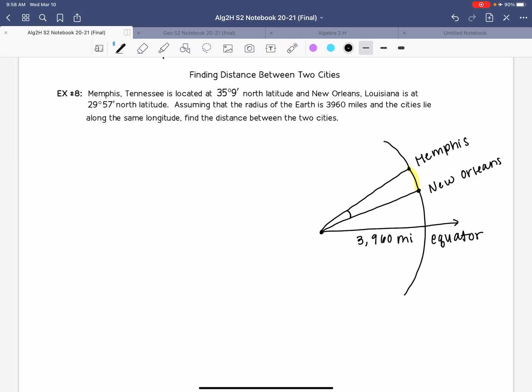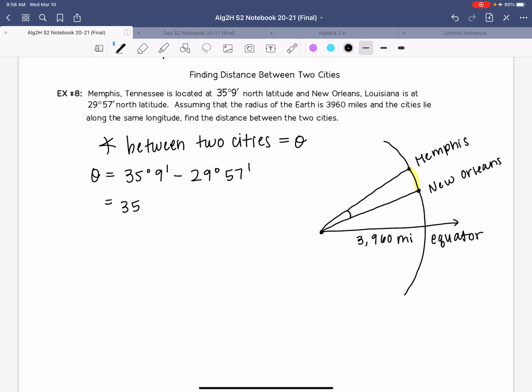So theta, the angle between the two cities, would be equal to the difference of those. So I would have 35 degrees, 9 minutes, minus 29 degrees and 57 minutes. You guys should know how to convert these back to just degrees.